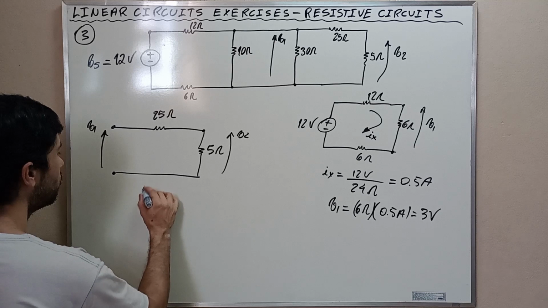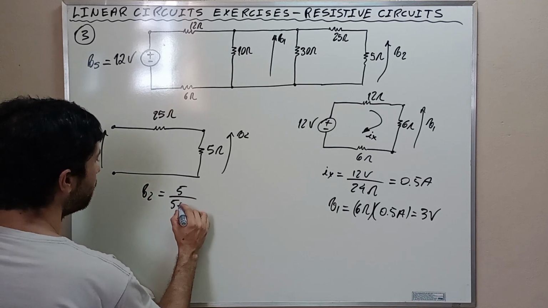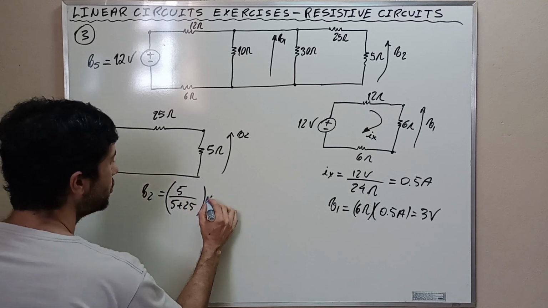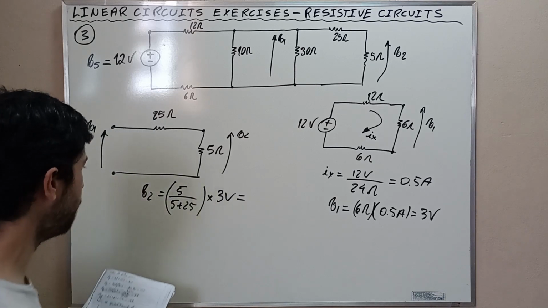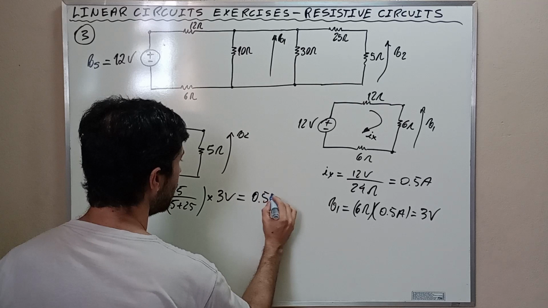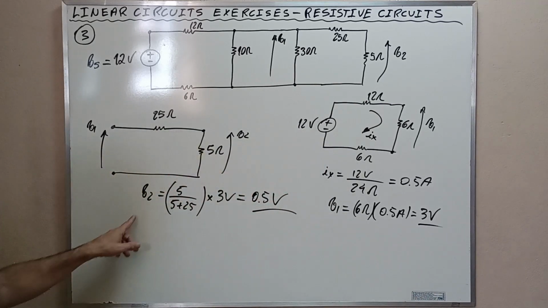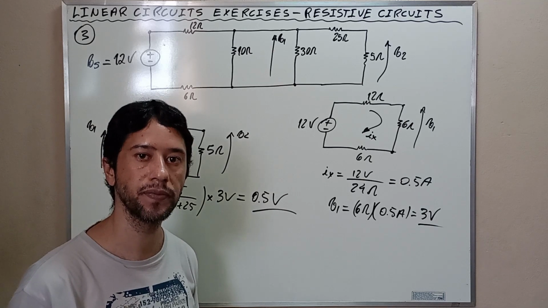So V2 is going to be 5 divided by 5 plus 25 times the value of V1, which is 3 volts, and this is equal to 0.5 volts. My friends, this is the value of V1, and this is the value of V2, and this is all the exercise wanted from us. I hope you understood everything. Let's move on to exercise 4.